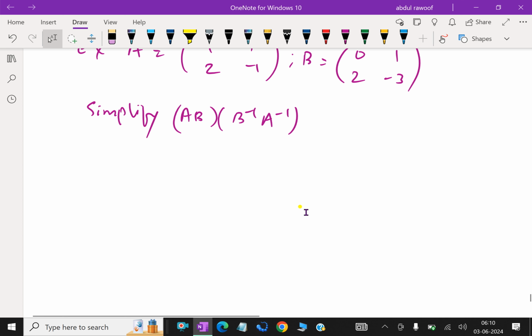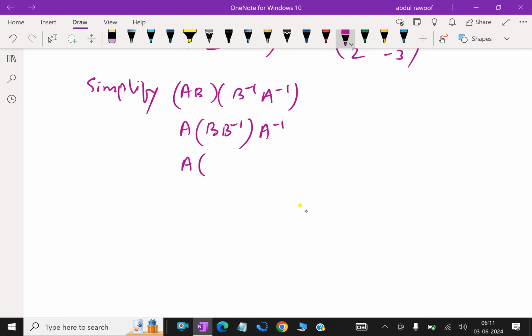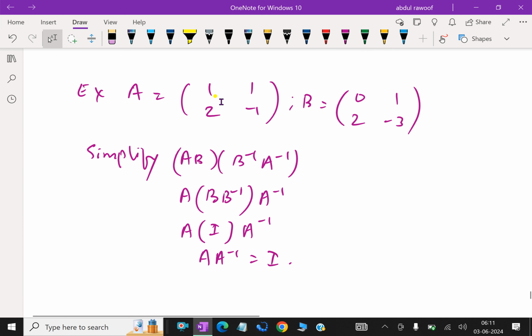What we are doing here: A into B into B inverse into A inverse. Then B into B inverse is I, the identity matrix. Then A into I is A, then A into A inverse, which is equal to I. Then even here this matrix is not necessary. Even if you use A into A inverse, it will give I.